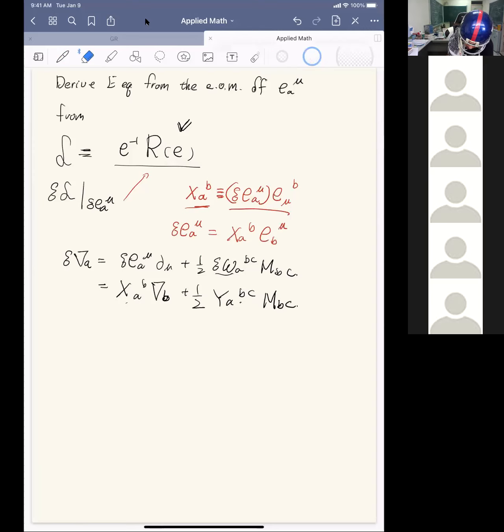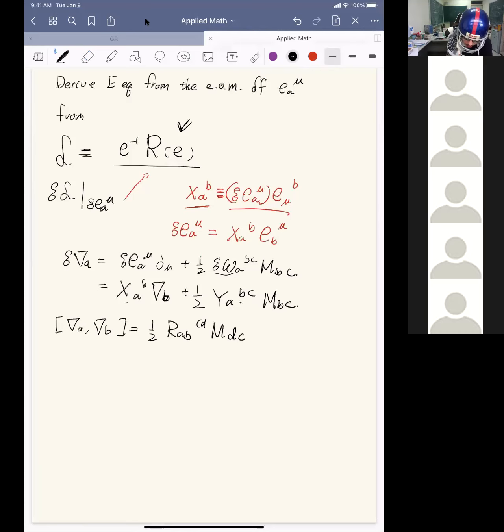Remember that in the torsionless limit, or under the torsionless constraint, I have the commutator of covariant derivatives ∇_a, ∇_b equal to 1/2 R_abcd M^dc.